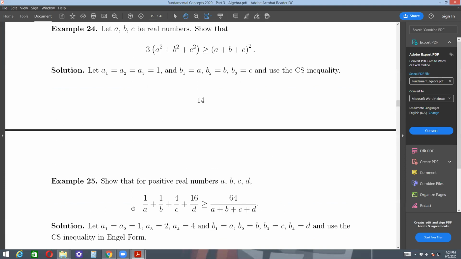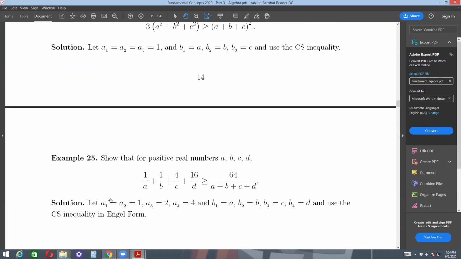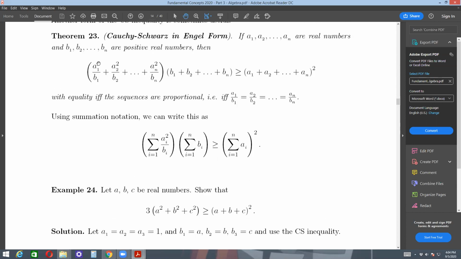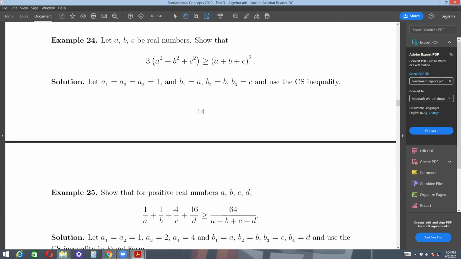And a simple example with the Cauchy-Schwarz inequality in Engel form, if you want to prove this. It doesn't look like it would be easy to prove in general, but if you use Cauchy-Schwarz, you let A1 and A2 be 1, A3 is 2, A4 is 4, and then B1 to B4 are A, B, C, D. So using 1, 1, 2, 4 and A, B, C, D, basically you're going to have 1 over A plus 1 over B plus 2 over C plus 4 over D. What am I doing?